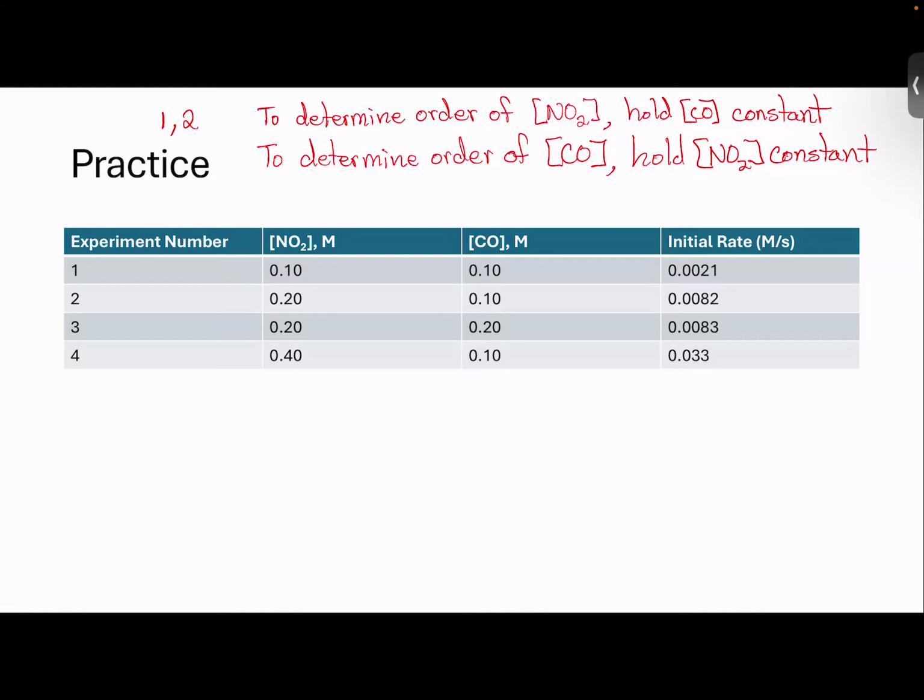To determine the order of carbon monoxide, I've got to hold the nitrogen dioxide concentration constant. The nitrogen dioxide concentration is constant in experiment 2 and 3. So when we're setting up our ratios, we are going to do so using those particular experiments for that substance.